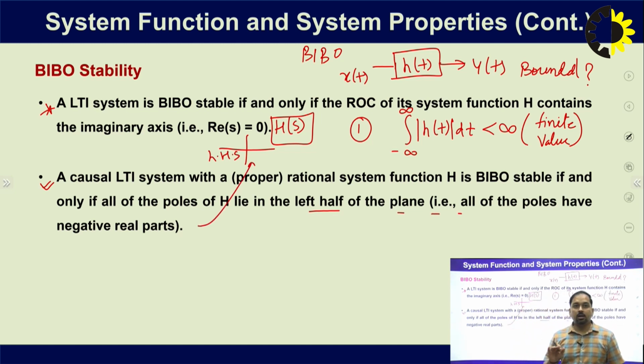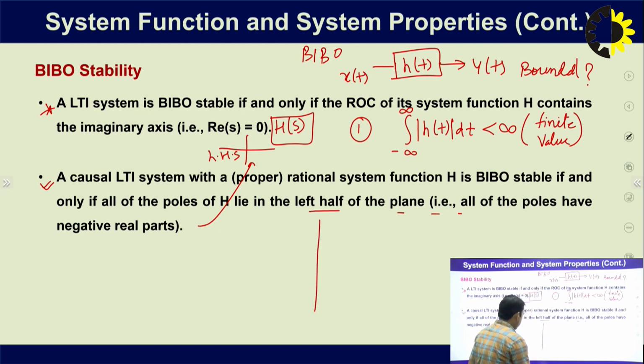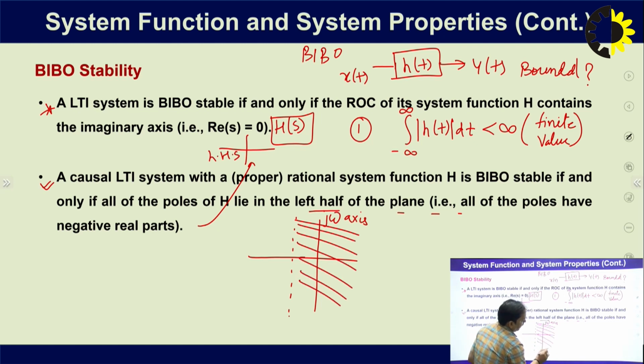The next point was that if the system is stable, then the ROC must contain the j omega axis. We have some cases like this.